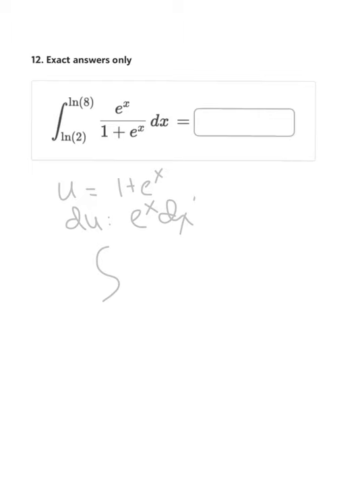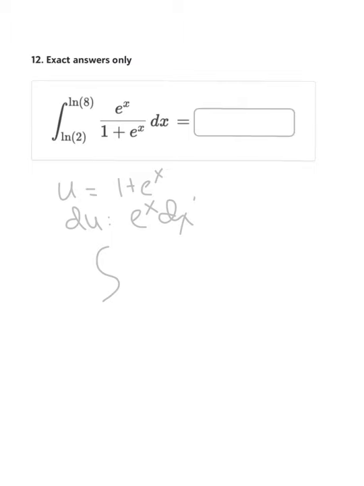So question 12 is another u sub with a little layer with the ln's. But anyway, you let u equal 1 plus e to the x, and du is equal to e to the x dx.